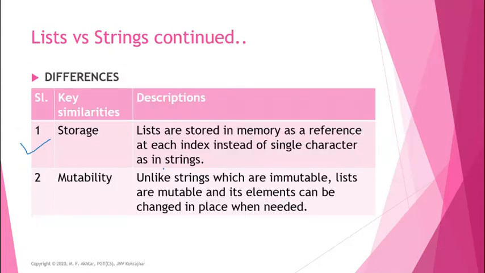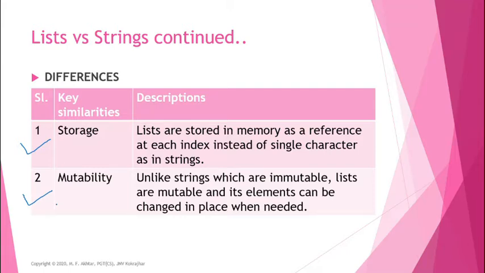So during storage in memory, it stores the data somewhere and takes the reference number, the memory address of that data, and that address is stored in the list memory. Okay, there is a difference.